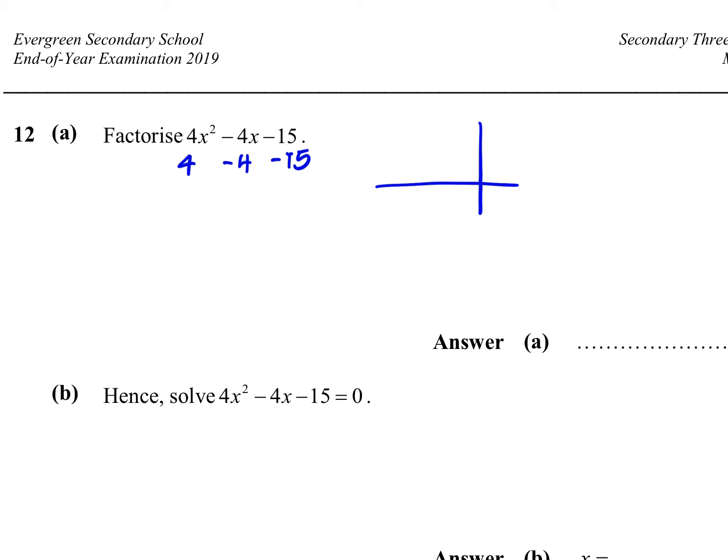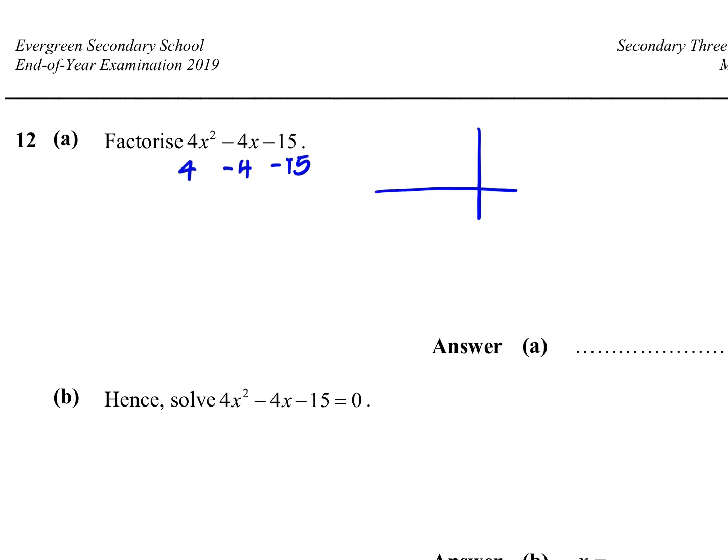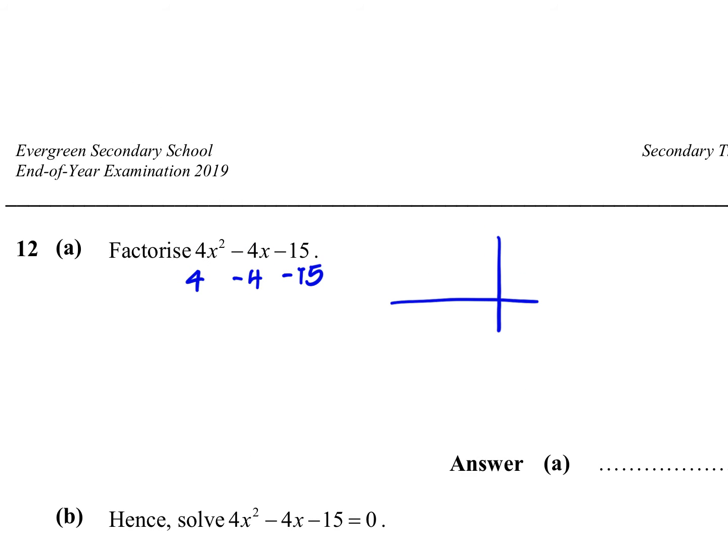Those of you who pressed the calculator, you must remember, if the question has a negative at 4x squared, you need to factorize out the negative sign first, because your calculator will give you the positive version of the answer straight away. So your answers may not be accurate if it's a negative x squared. But anyway, for this one, in your calculator you get 5 over 2, then the other one is negative 3 over 2.